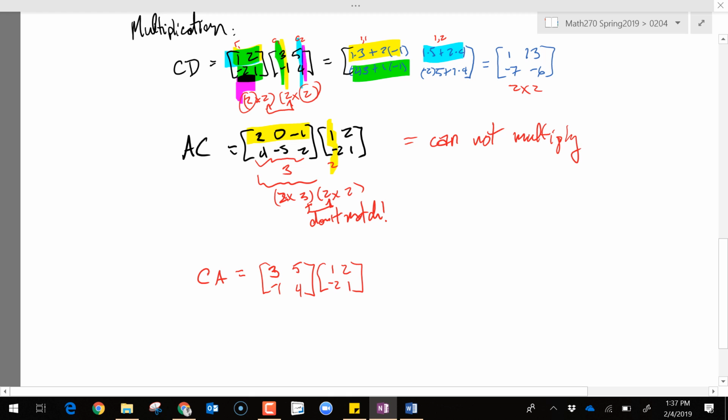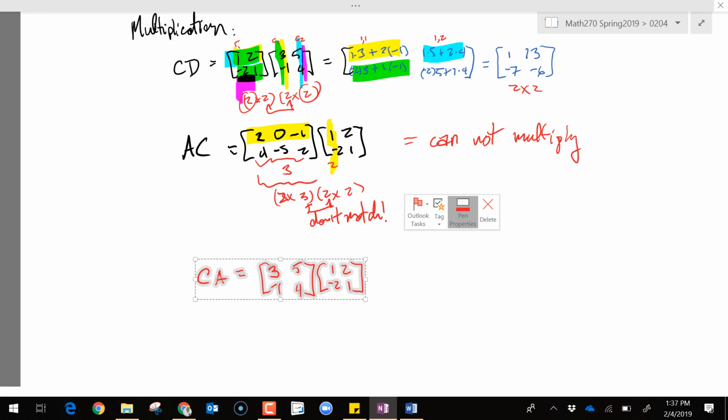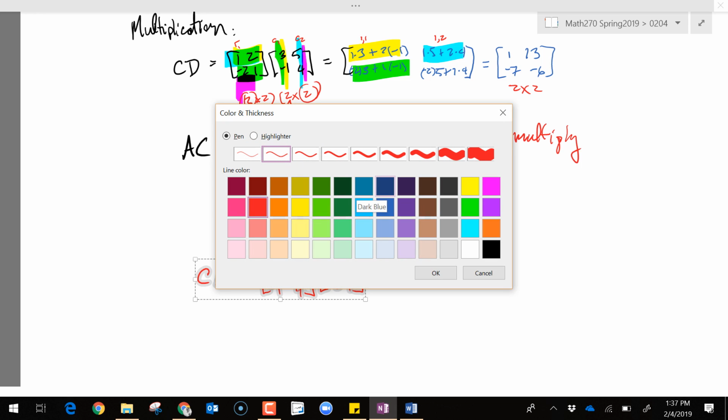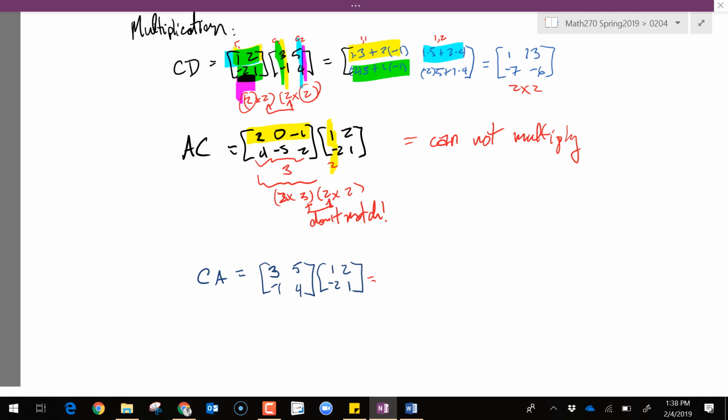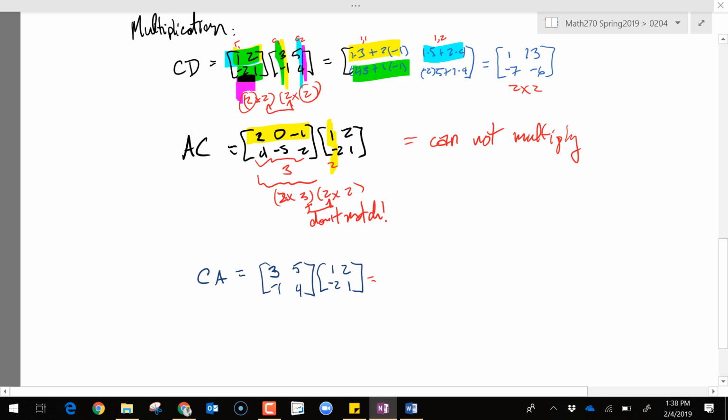All right, let's take a look at doing this. Can we do this in your head already? You got 3 minus 10, negative 7.